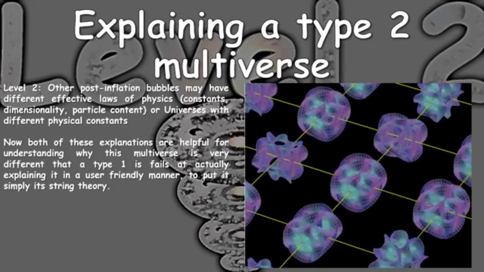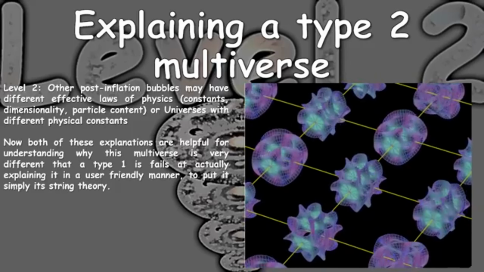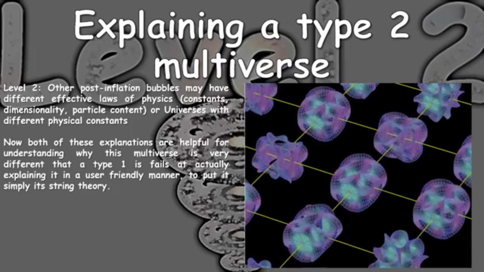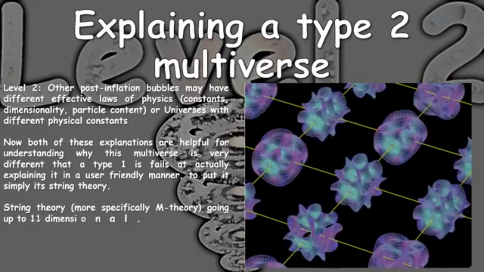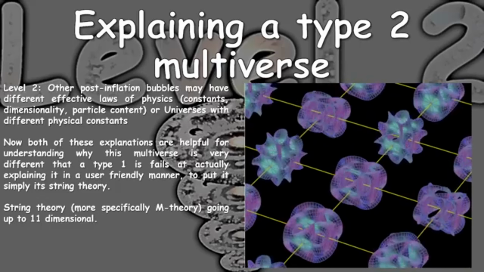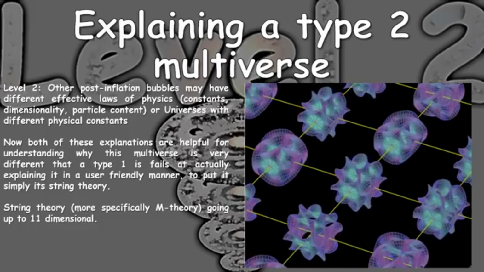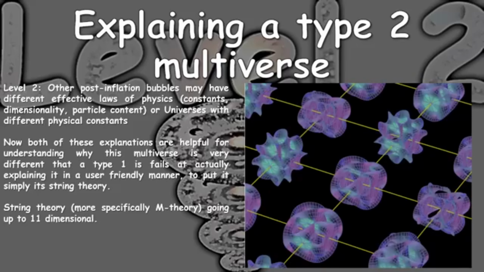However, it doesn't explain very much to the average viewer. Type 2 multiverse is basically string theory, for those people who want to know. String theory, more specifically M-theory, is up to 11-dimensional. Type 2 multiverse can be really any finite dimensional, but the specific example given in Tegmark's paper is 11-dimensional.